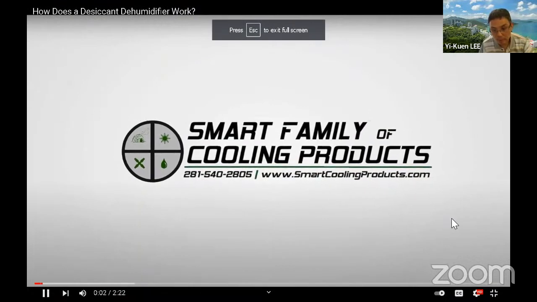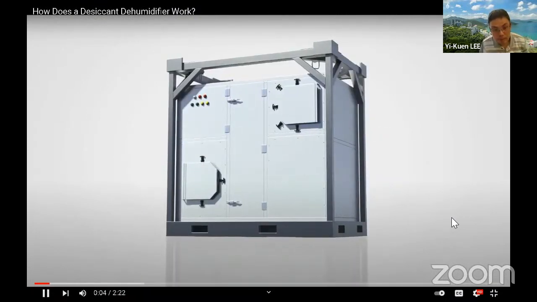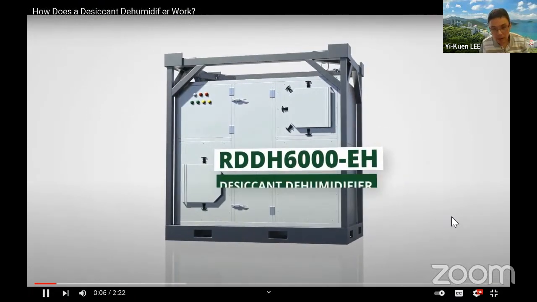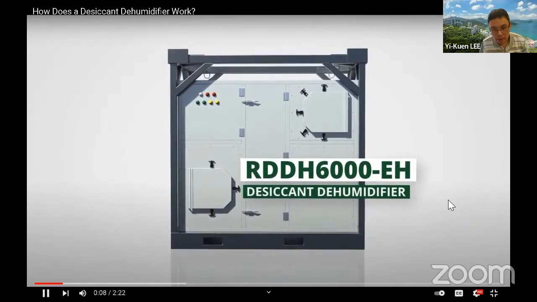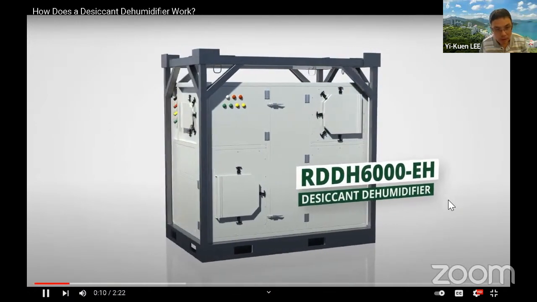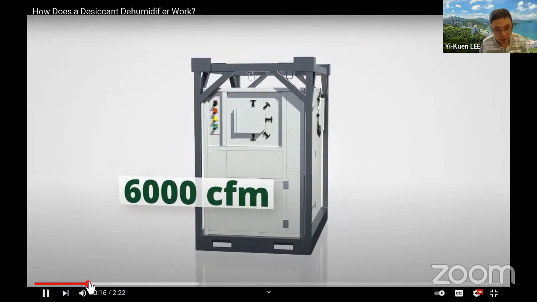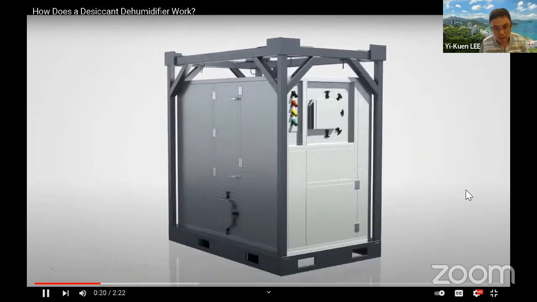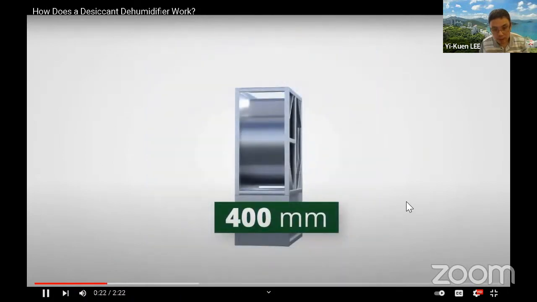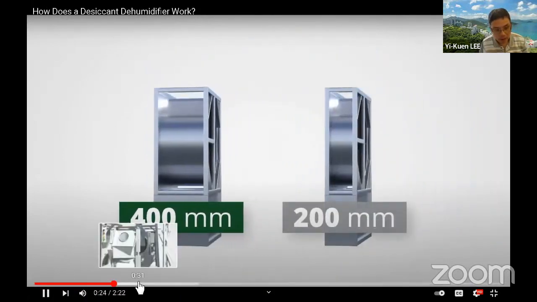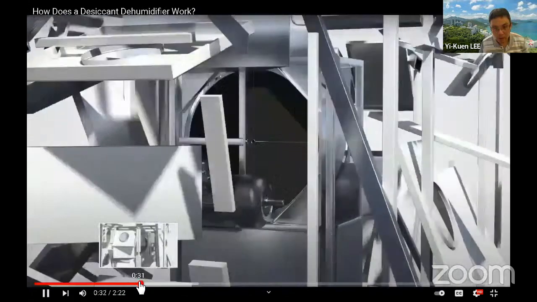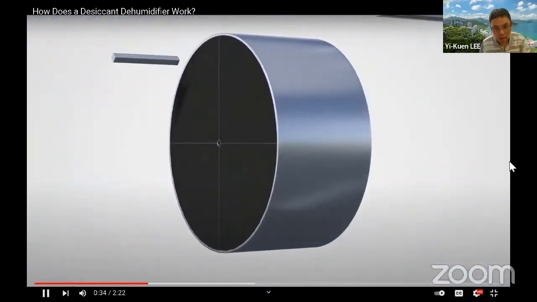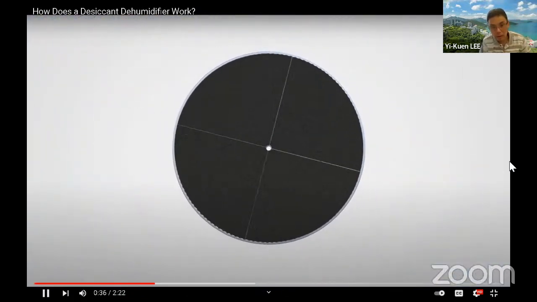Family of cooling products. Today, we want to introduce you to our RDDH desiccant dehumidifier. This is a 6,000 CFM dehumidifier. What makes this unit so special? Aside from the 400 millimeter wheel, which is twice the thickness of industry standard. In general, a desiccant dehumidifier is simply a modified thermal wheel.